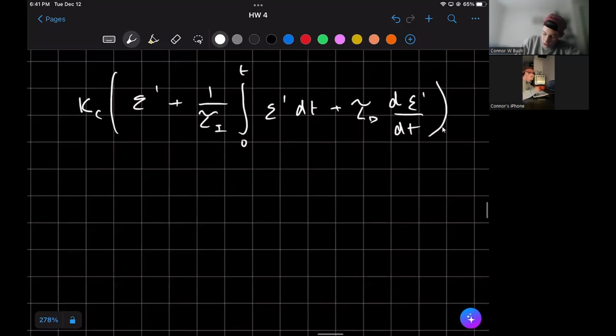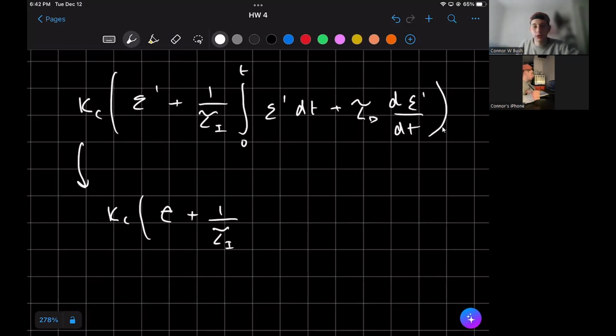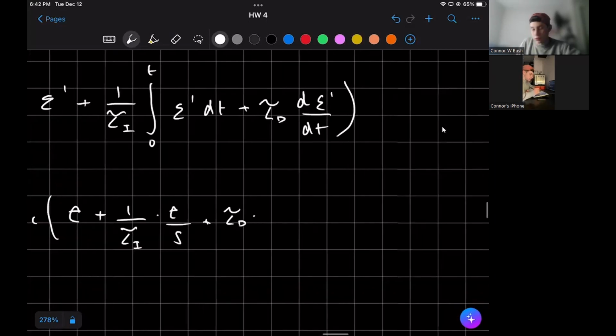So if we take the Laplace transform, what this looks like, we're left with Kc times E plus 1 over tau I. The Laplace transform for an integral is just E, we're left with that E again, divided by s, because the Laplace transform of an integral is 1 over s, and then plus tau d times, so the Laplace transform for this would be E times just s.